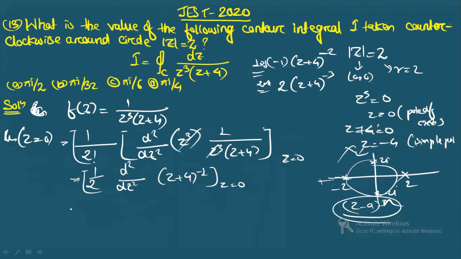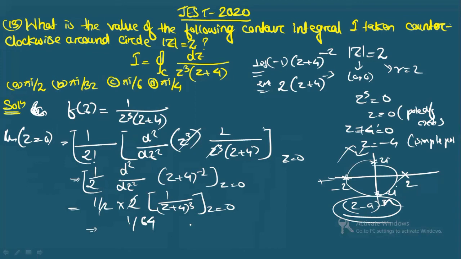Yes or no? Just simple differentiation. So 1 by 2 into 2, here you will have 1 by (z plus 4) whole cube at z equals 0. Put z equals 0, you have 4 cube, that is 64. This 2 gets cancelled, so you have 1 by 64.